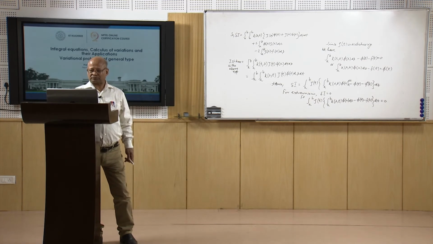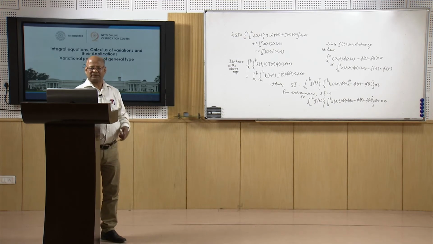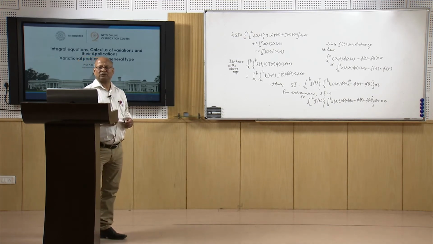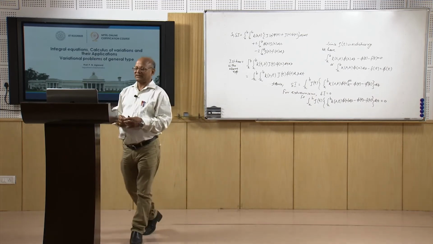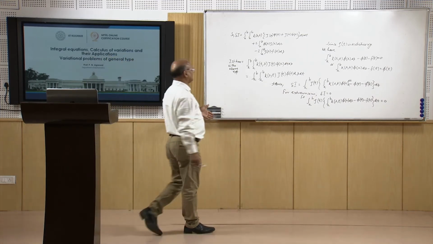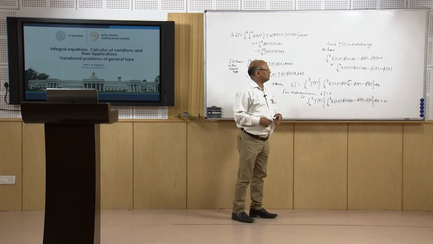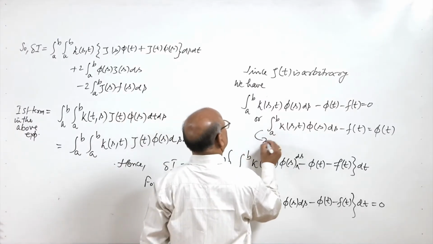Now, we notice that we get this Fredholm integral equation, which is the Euler equation for the given variational problem, because this equation we are getting by putting delta I equal to 0. So this is the Fredholm integral equation.